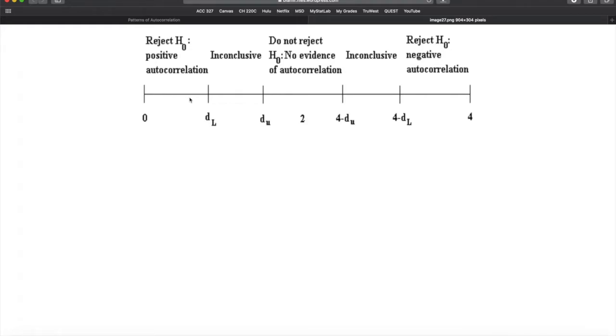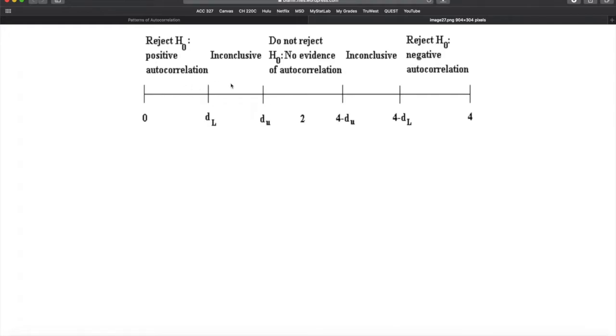If your p-value is above the alpha value, then we'd either say that it's inconclusive or we would not reject the null hypothesis. And just to review, your null hypothesis in this case is that there is no evidence of autocorrelation, and you'd reject that when we find a trend of autocorrelation within our data set.